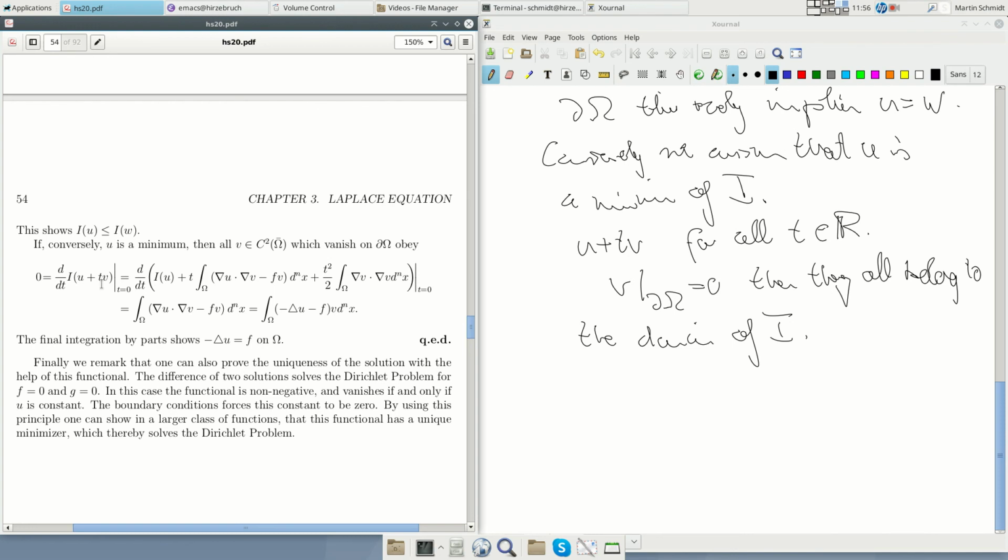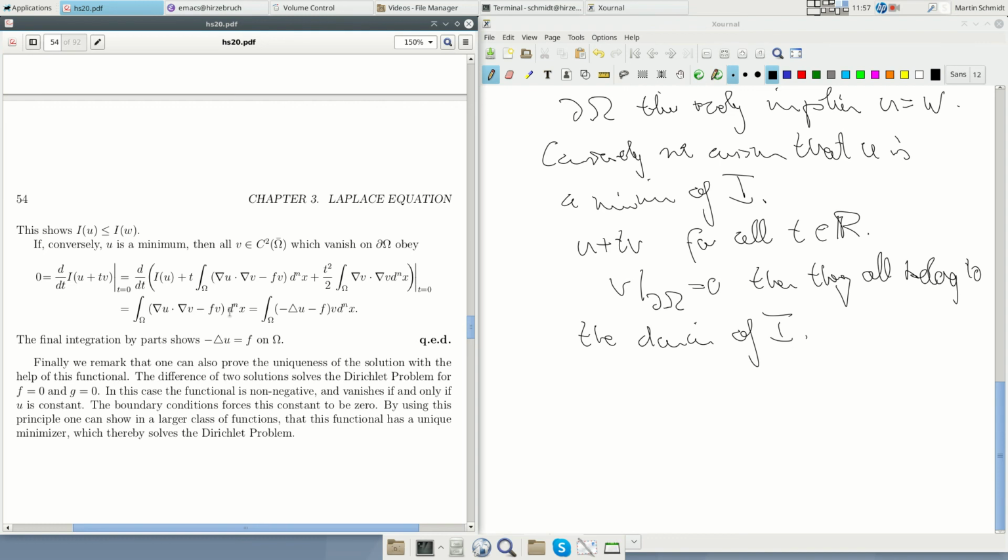This real function depending on t must be minimal for t equals 0, so the derivative has to vanish. This vanishes here, and this is just this term here. And now we claim that this is the same as this.